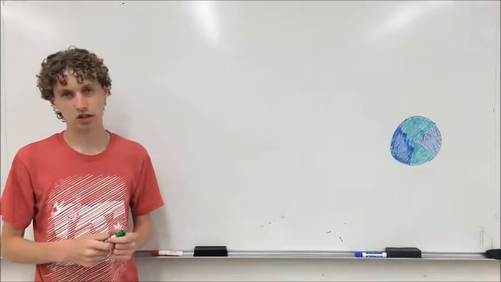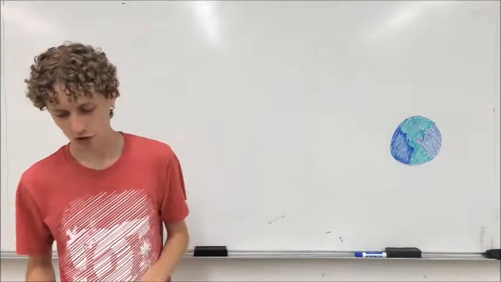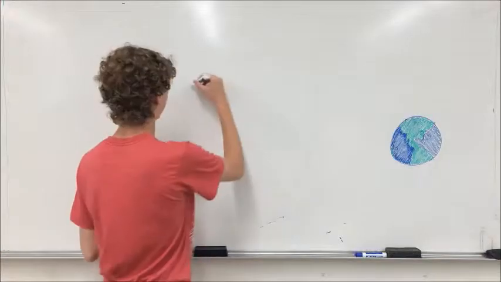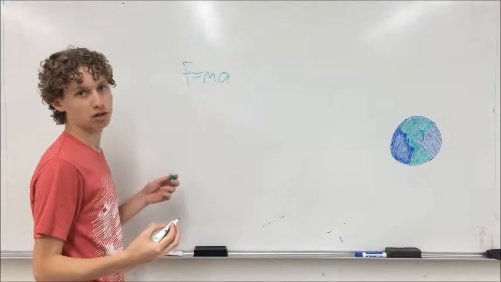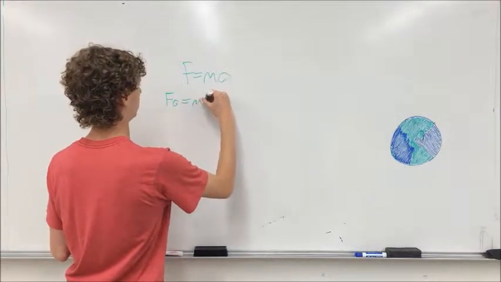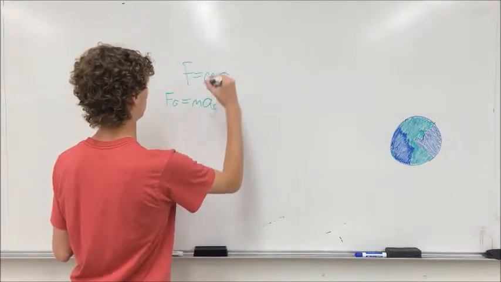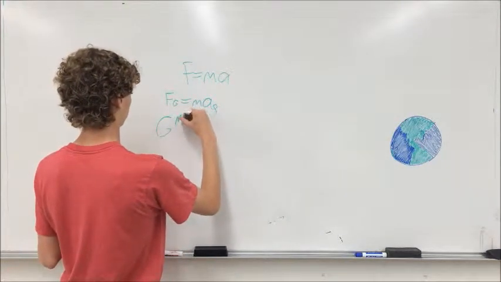So to find the gravitational acceleration of an object, you take a very familiar equation, which you should probably know by now, F equals ma. Replace the force with the gravitational force, and the acceleration with the gravitational acceleration. Plug everything in.